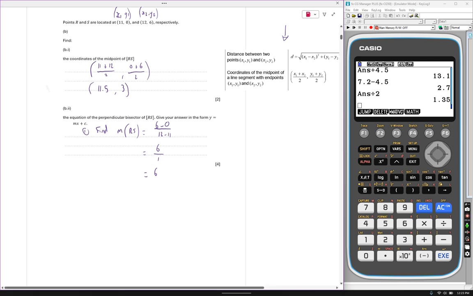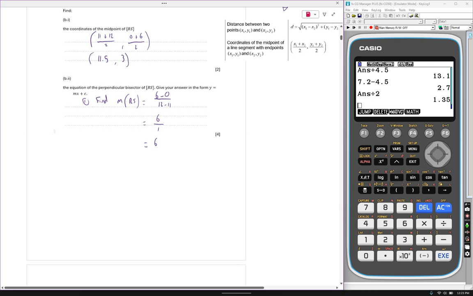So that is the gradient of R and S. Step 2, we want to find m2, which is the gradient of the bisector. So m1 times m2 equals -1. This is for perpendicular lines. m1 is 6, so 6 times m2 equals -1. So m2 equals -1 over 6. That is the gradient of the bisector.